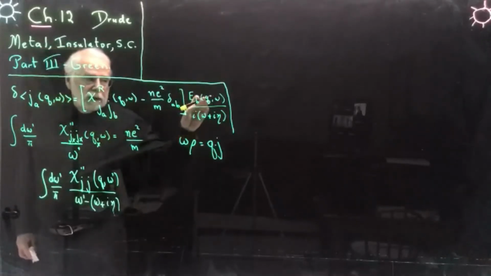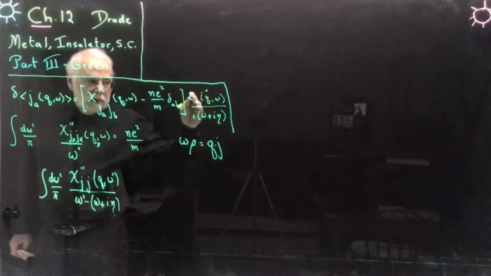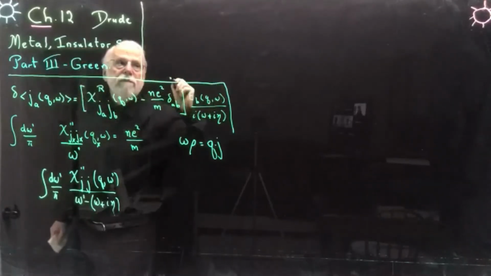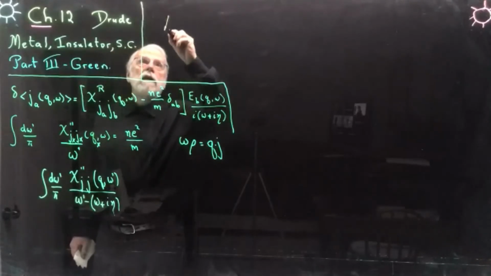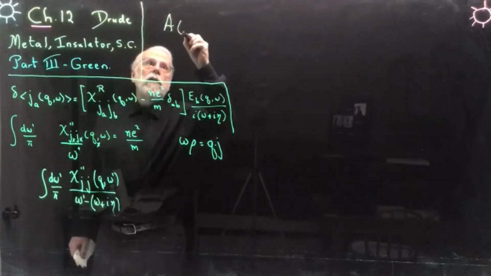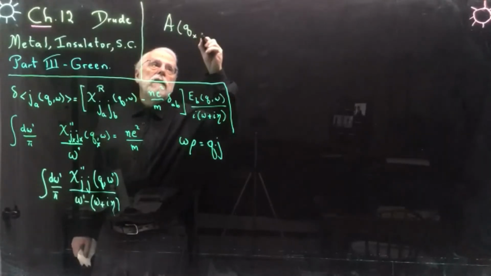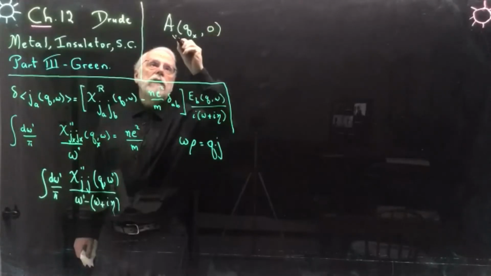So suppose that I have a vector potential A that is a function only of q_x, and it's at zero frequency, okay, and it's in the x direction.